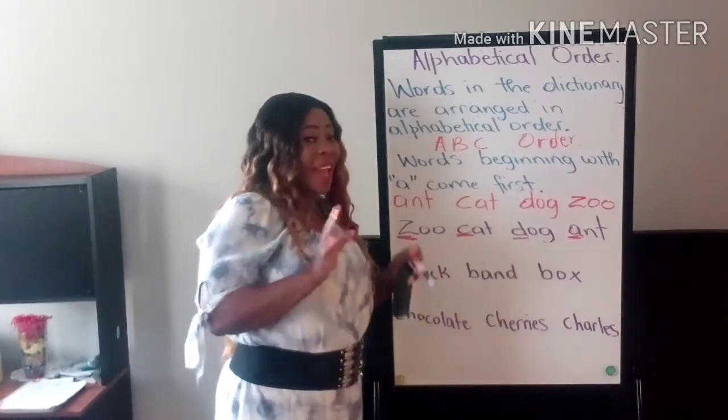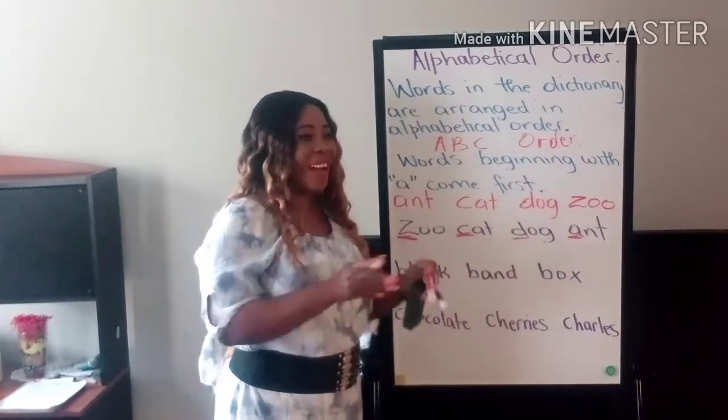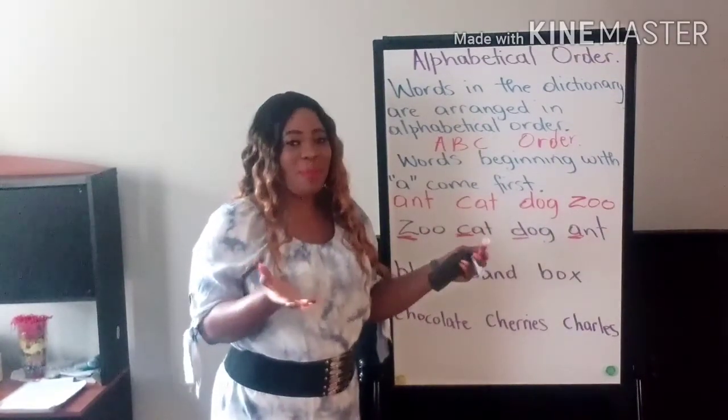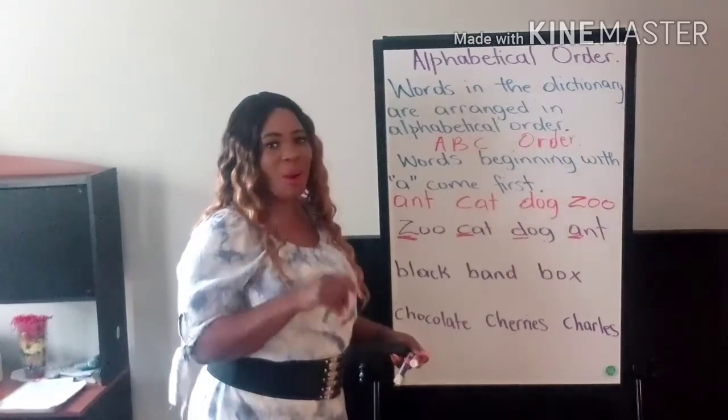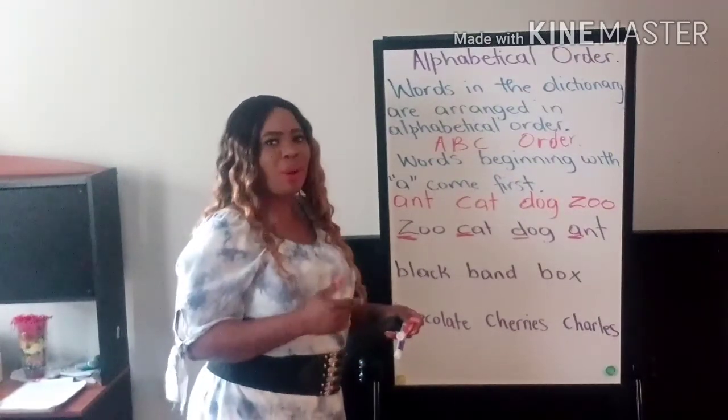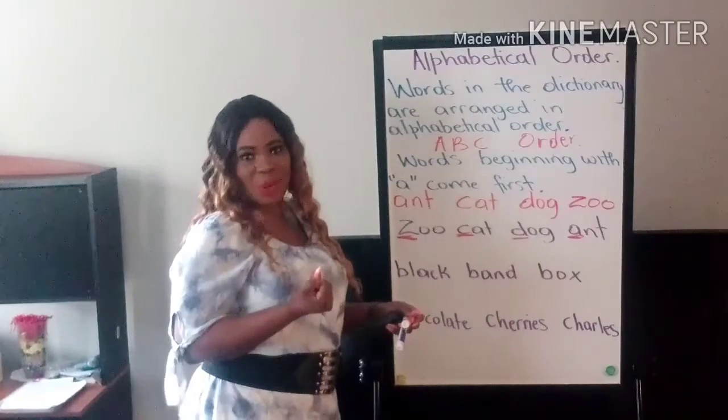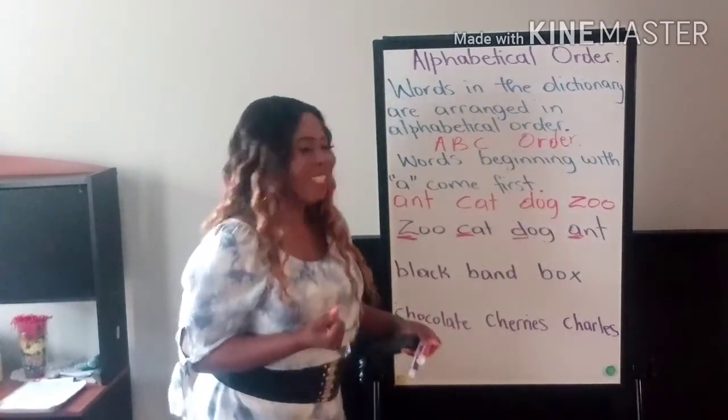Now, if it were as easy as that, everybody would love alphabetical ordering, right? But this is where it gets a little more complicated. But don't worry about it, because I am here to help you and I am excited to do it.